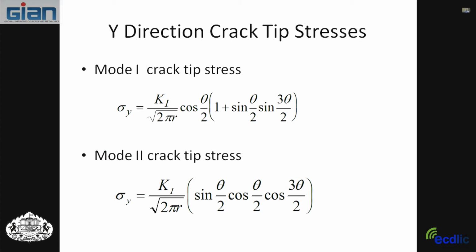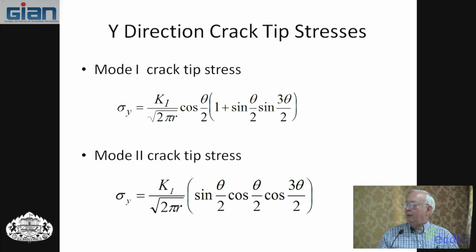So the y direction stress, you had this in the second lecture, and it has this distribution that I told you is a unique distribution, so that any mode 1 loading that has a crack always has the same distribution, and the only parameter you have to worry about is K1. The K, the crack tip stress intensity factor, we called it from George Irwin.